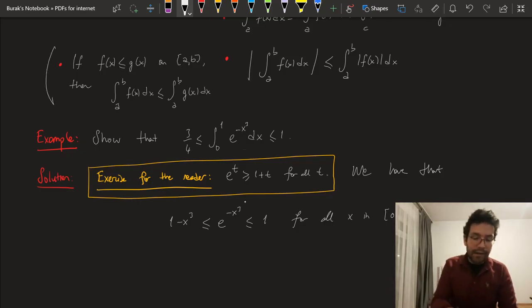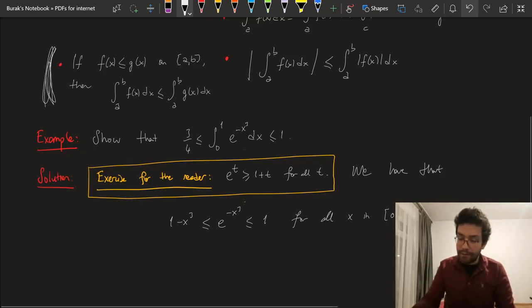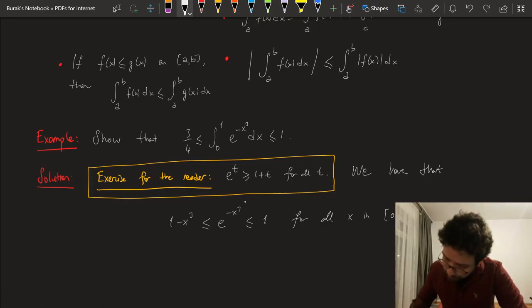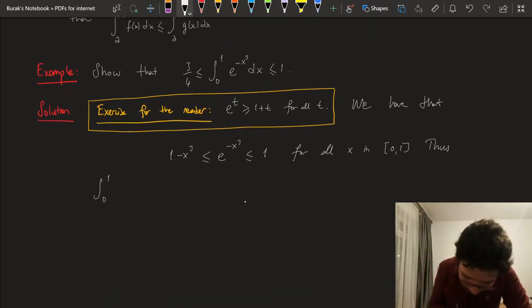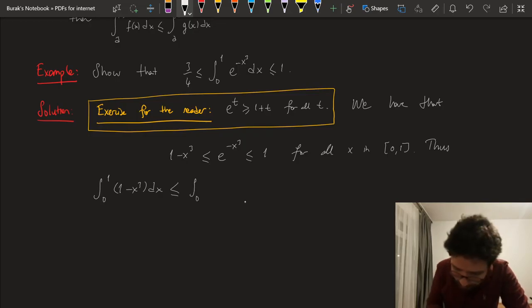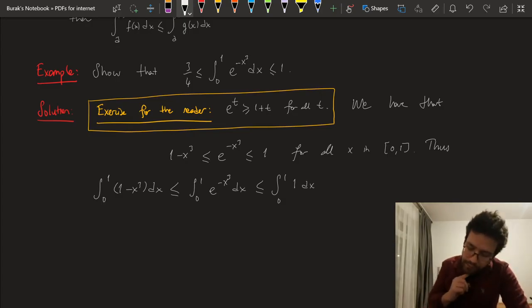Therefore by this property of the definite integral I have that the integral of 1 minus x cubed over 0 1 is less than or equal to the integral of e to the power minus x cubed from 0 to 1. This is less than or equal to the integral of 1 over the interval 0 1.